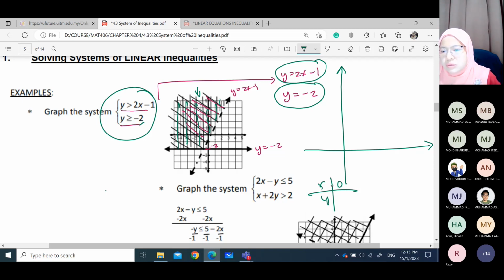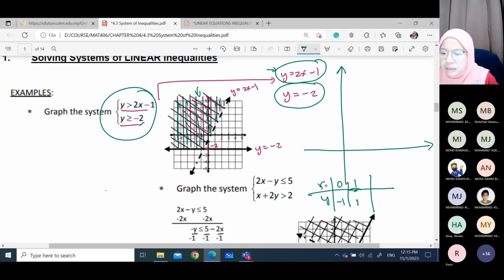So when x is 0, you can masukkan dalam equation yang ini. So y sama juga dengan negative 1. So when x equals to 1, so masukkan nilai x 1 dalam ni. Okay, so 2 times 1 is 2, 2 minus 1 is 1. Okay, tak perlu banyak. Lebih kurang dalam 3 ke 4 macam tu lah.